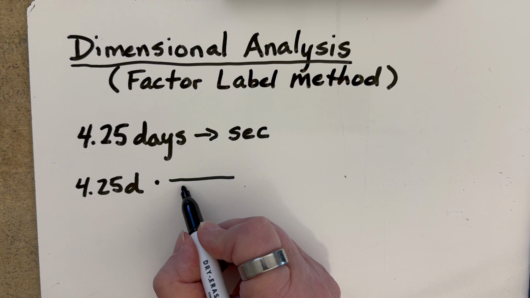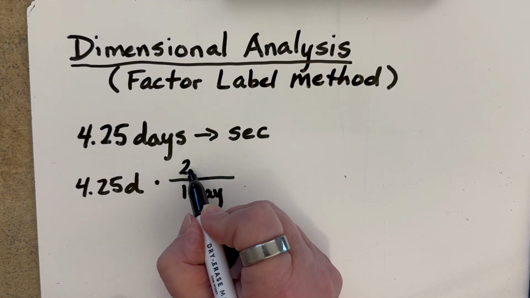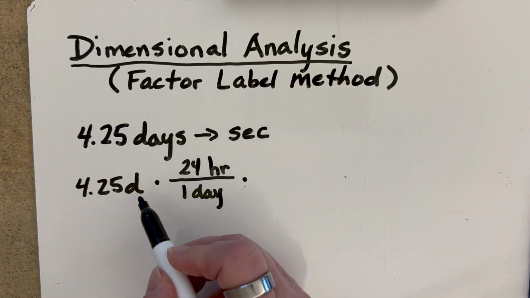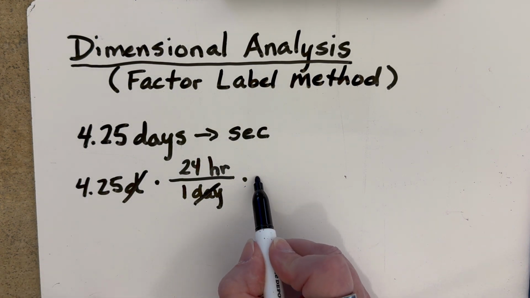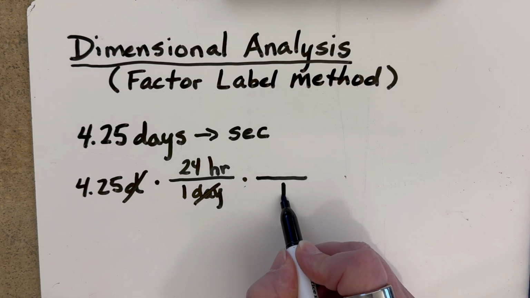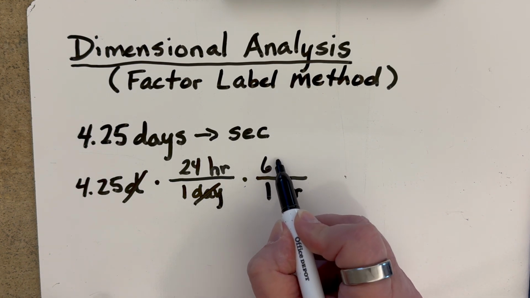So I'm going to put 1 day down here, and I know that 1 day is 24 hours. Well, my days cancel, but now I have hours. So I want to cancel hours. Hours is on top, so I automatically go down here. I put my hours, and I know that 1 hour is 60 minutes.